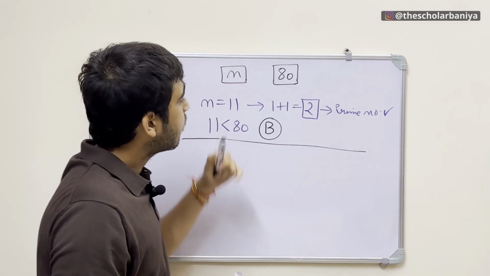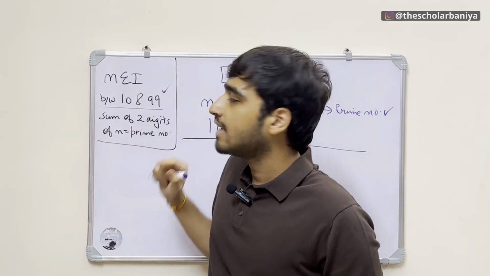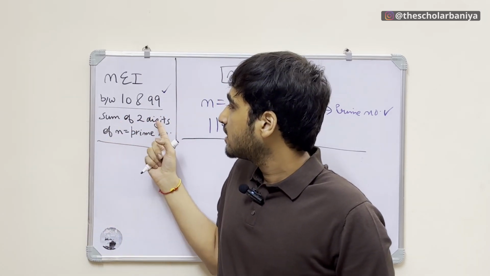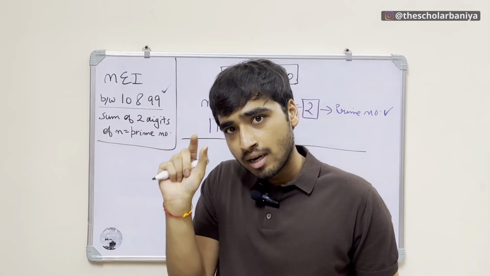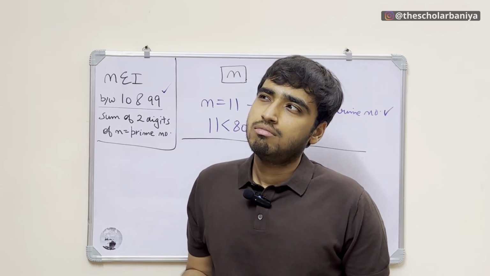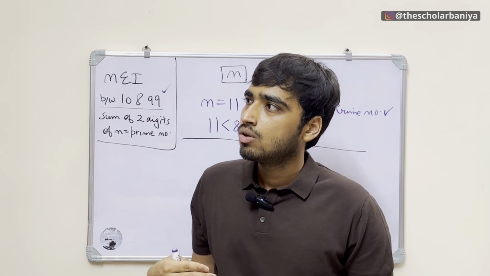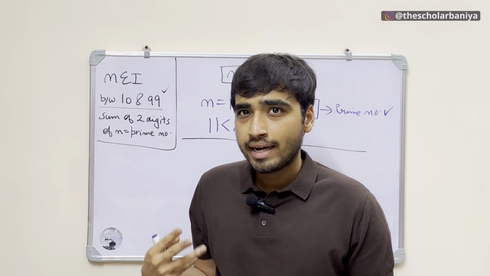So now, let's try to think of a number which is greater than 80, obviously, and less than 99, such that the sum of two digits of the number n is a prime number. So if I think about, for example, 95, no, 96, no, 97, no, 98.